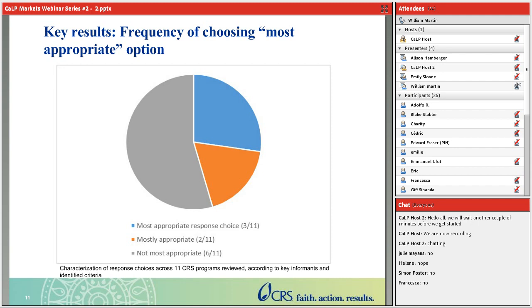That means, for example, CRS didn't use unconditional cash, but probably should have, or maybe not at the right time, or they should have switched more quickly to another modality. 3 out of 11 made the appropriate response choice, and 2 out of 11 made a mostly appropriate choice. For example, for Haiti and Nepal, typically the error was in the timing. In the midst of a rapidly evolving crisis, CRS respondents did not switch as quickly as they should have to the most appropriate modality.